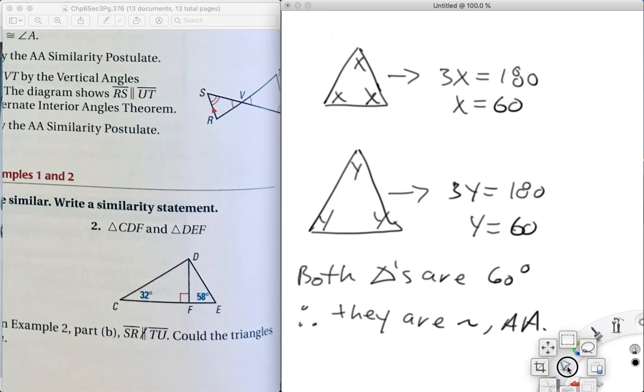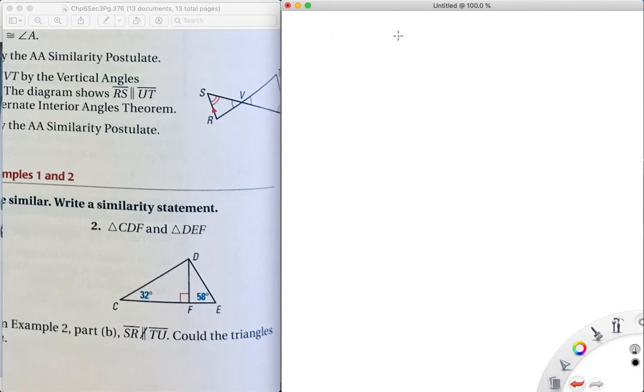Alright. We have this triangle here. This is 58. This is a right angle. We have another triangle here.